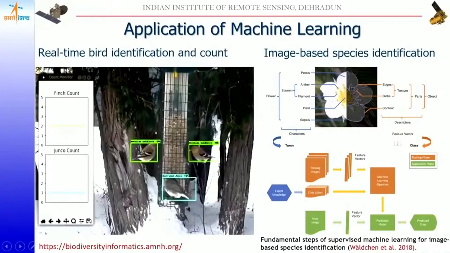If we feed a new image into a particular application or model, based on these feature vectors it identifies it, or goes near to that particular species. So this is one of the emerging applications of machine learning in the field of biodiversity, especially in plant ecology.